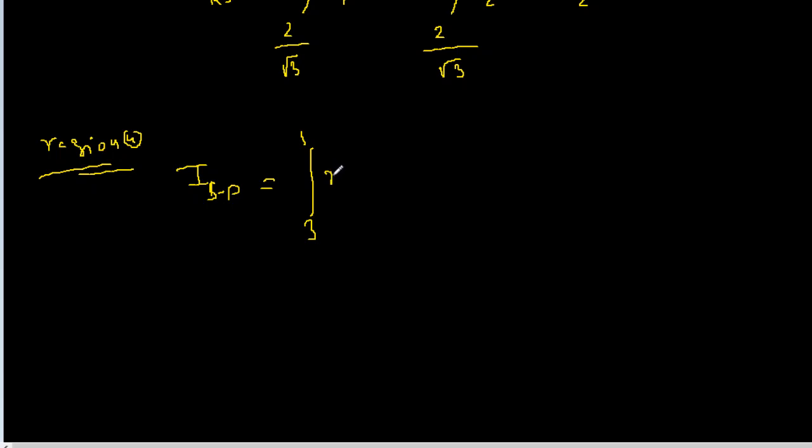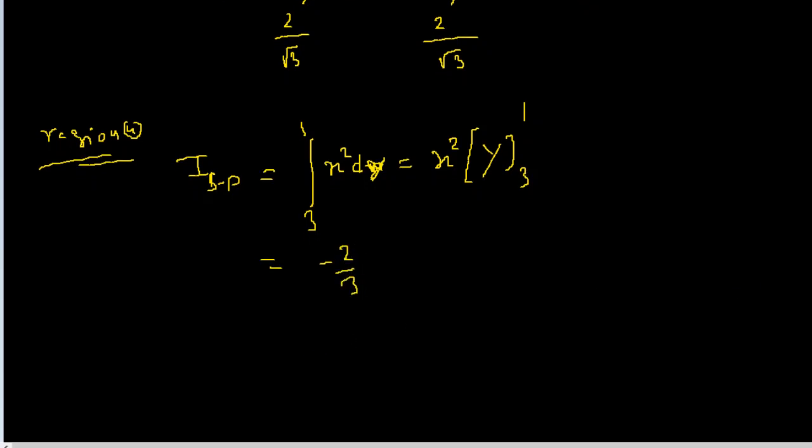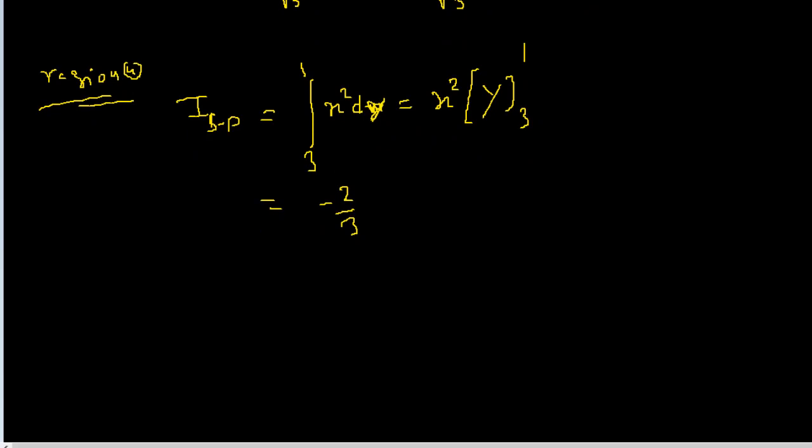Okay, and the equation that we get is something like that, it is y. Okay, now x comes outside, and now to integrate only y from 1 to 3, thus we get 2 by 3 minus 2 by 3. Okay, the equation that we get, and here we have to take x as 1 by root 3.